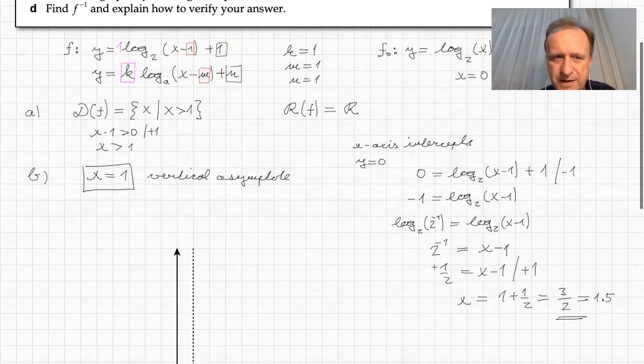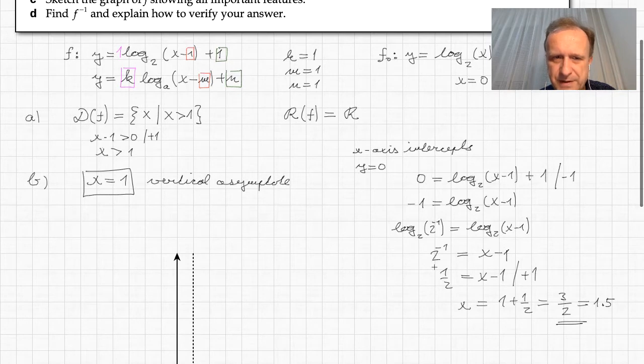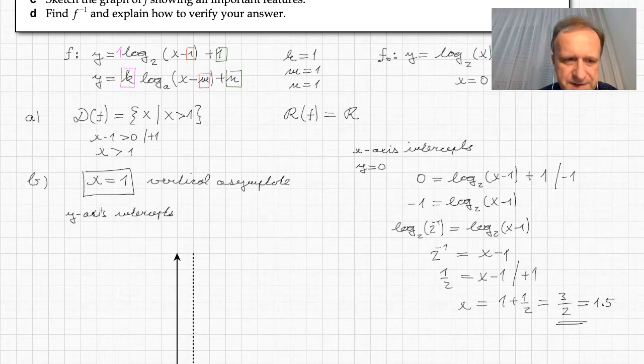As for the y-axis intercept, I can write it here, y-axis intercept. Any such intercept would have its x-coordinate equal to 0.